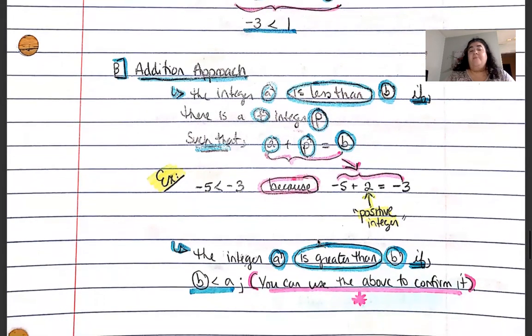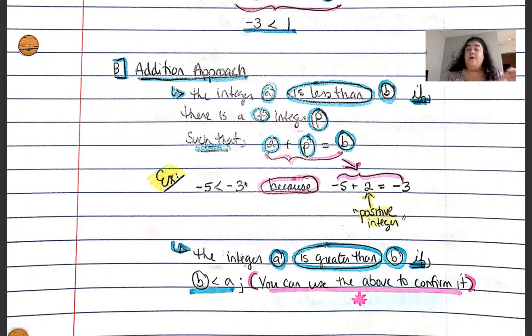Here's how they explain it. For example, if we are comparing -5 and -3, okay? They're both negative. Now on the number line approach, -5 would be further to the left than -3. So using the number line approach, we would definitely say that -5 is less than -3. Using this addition approach, we would ask, do I need to add, meaning going in the positive direction, a positive integer to this -5 to get to -3?